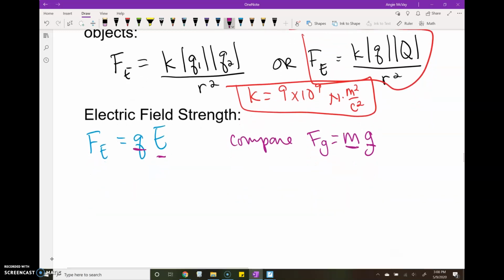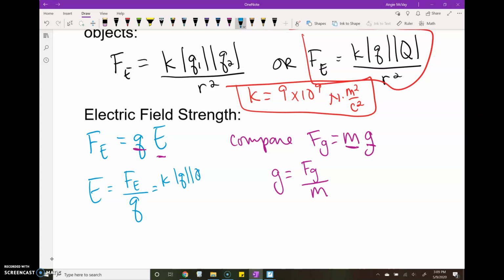Okay, with gravity, we could say gravitational field strength was equal to the force due to gravity divided by mass, right? And electric field strength, we can say is equal to the electrostatic force divided by charge. So if we take the electrostatic force, k times Q over r squared, divided by q, right?